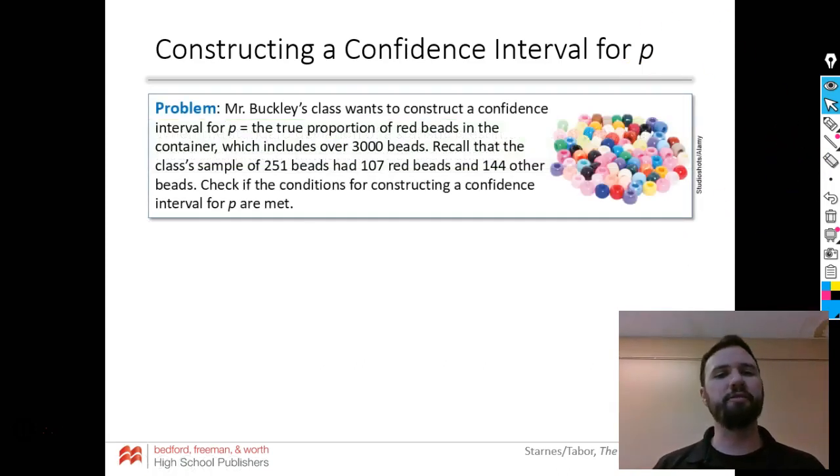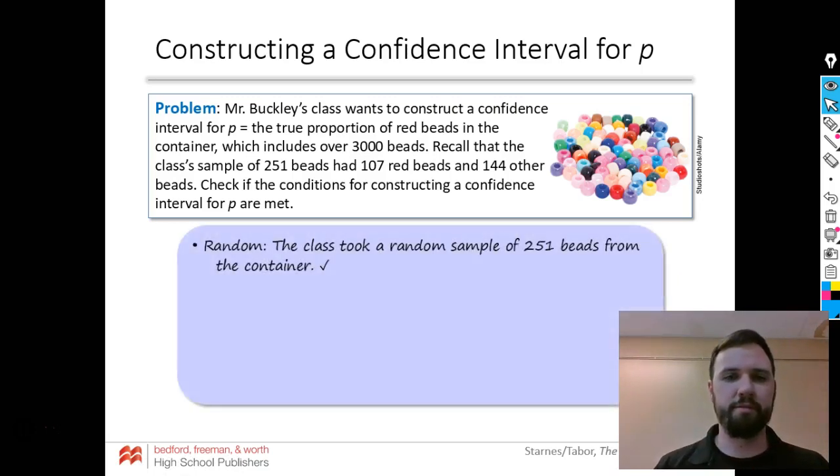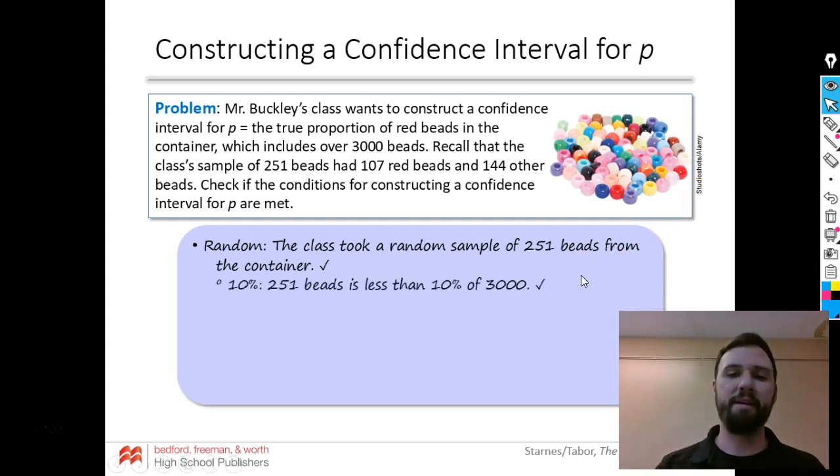Mr. Buckley's drawing beads. There are 3,000 beads. They're going to take a sample of 251 beads, and there are 107 red. Let's check the conditions. First condition we got to check, is it a random sample? Yes, they took a random sample of 251 beads. Next, is 251 less than 10% of the 3,000 beads? Yes.